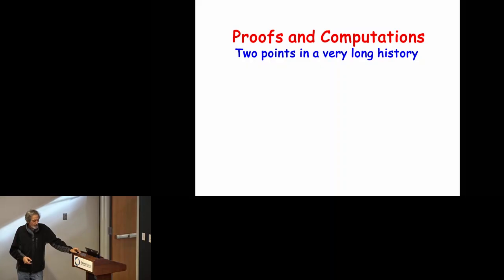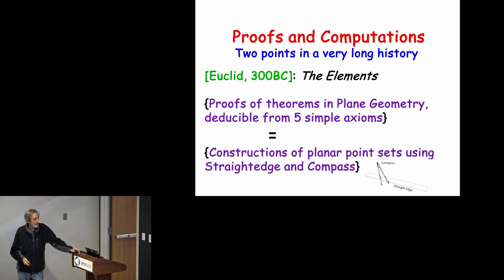So proofs and computation have gone along together for millennia. I want to mention two points in this long history. One is the famous Euclid's Elements. We all read it as basically a collection of theorems in plane geometry proved in the first deductive system from five simple axioms. But really, if you read any of the proofs there, they actually are effective.